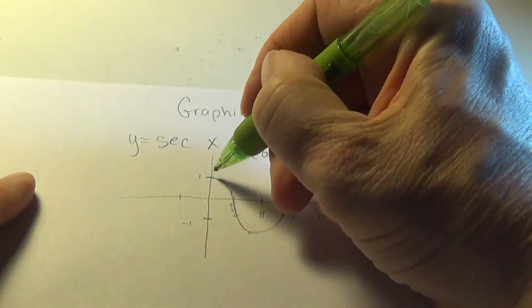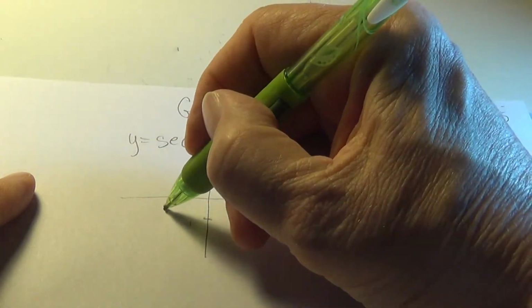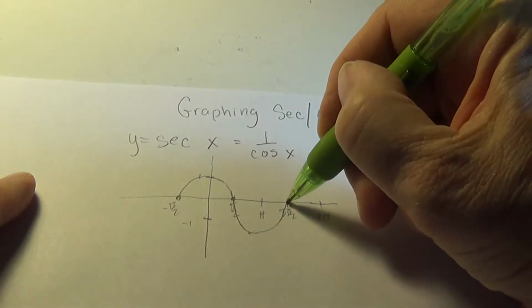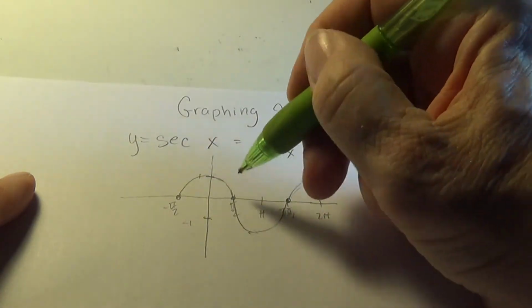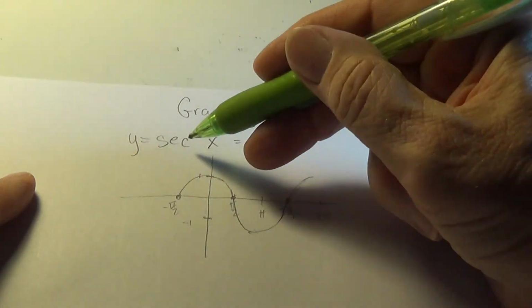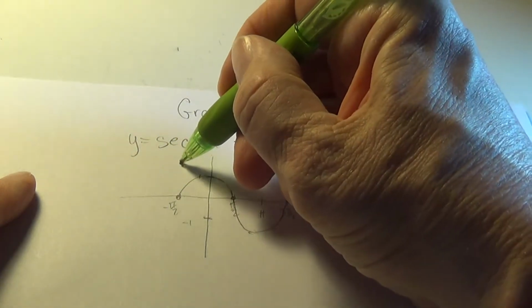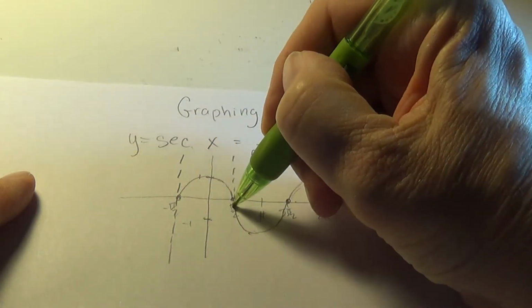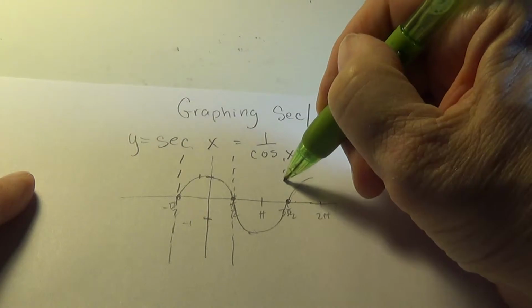And that'll go on this side as well, where we hit negative pi over 2. So here's where the value of the regular cosine curve is 0, and at those spots, secant cannot exist. So we put in our asymptotes wherever that happens.